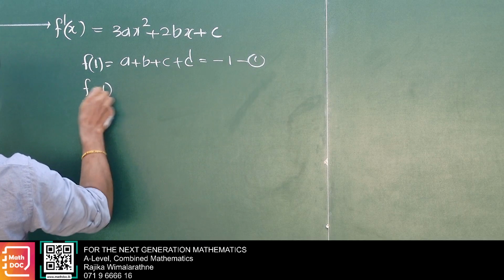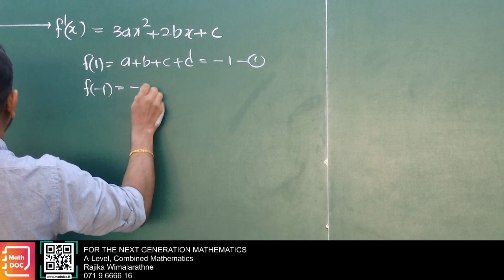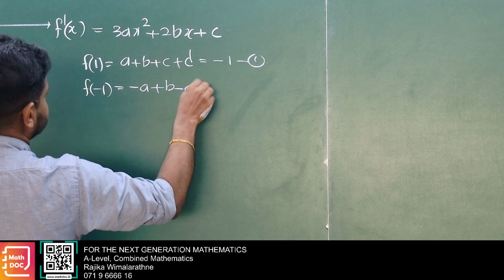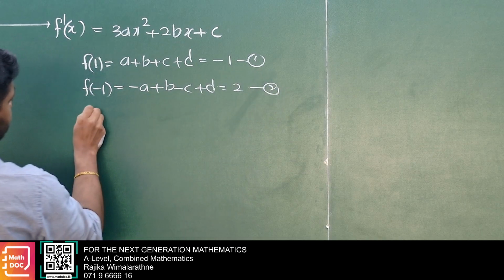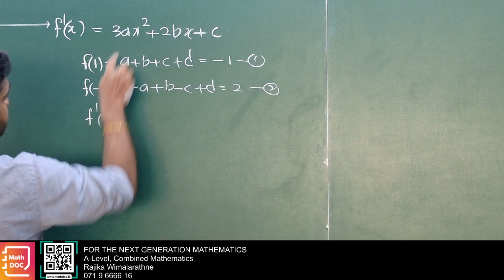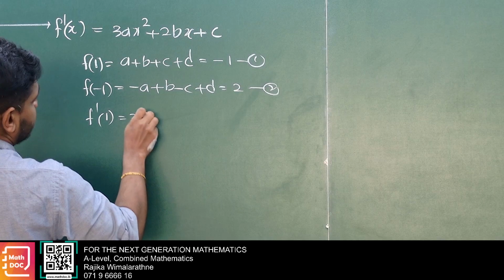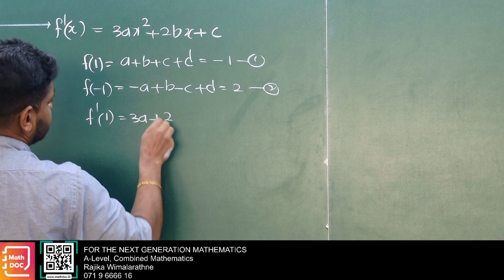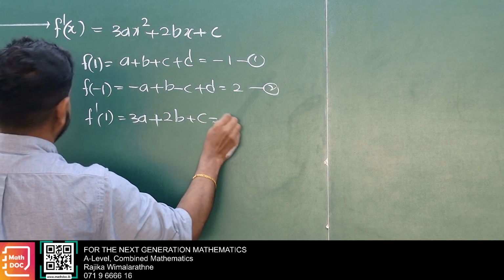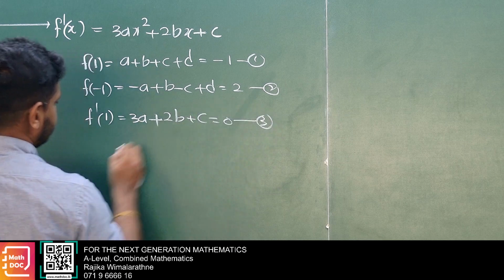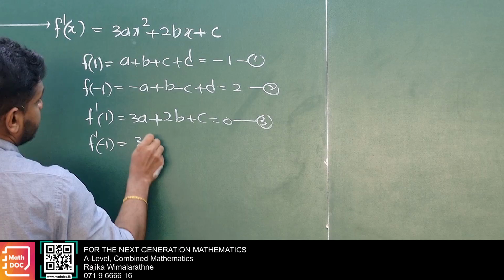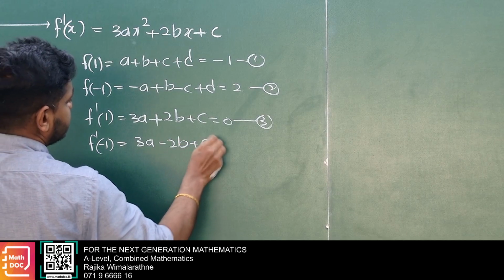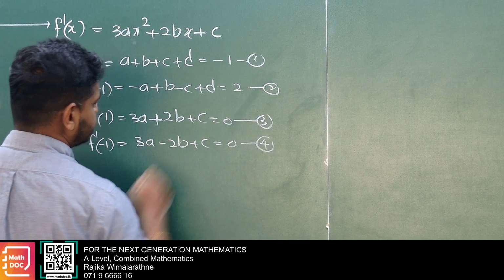Then f(minus 1) is minus a plus b minus c plus d, that is given 2, equation 2. Then f dash 1 is 3a plus 2b plus c equals 0, equation 3. Then f dash minus 1 is 3a minus 2b plus c equals 0, equation 4.